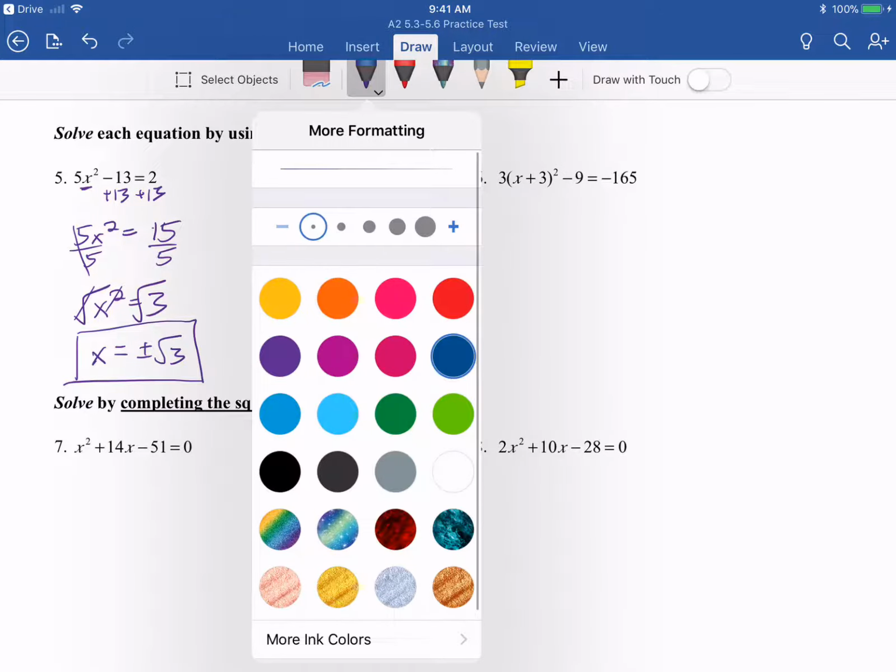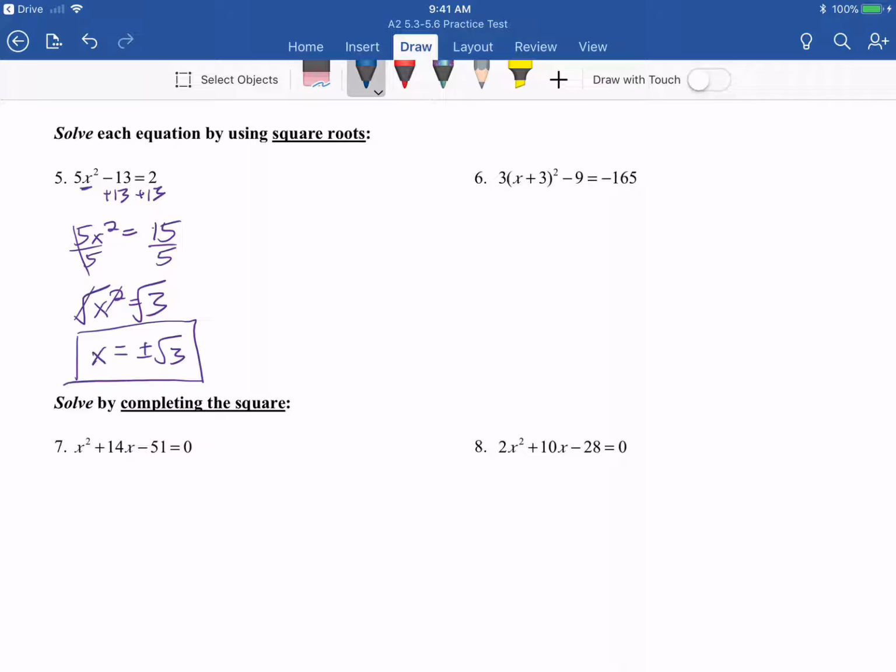Now as I look at number 6, the same deal here, but my x plus 3 is the thing that's being squared. So I have to add the 9 over first. Now I have 3 times (x plus 3) squared is equal to negative 156. I add 9 to that guy. The last thing, to get it all by itself, I've got to divide by 3.